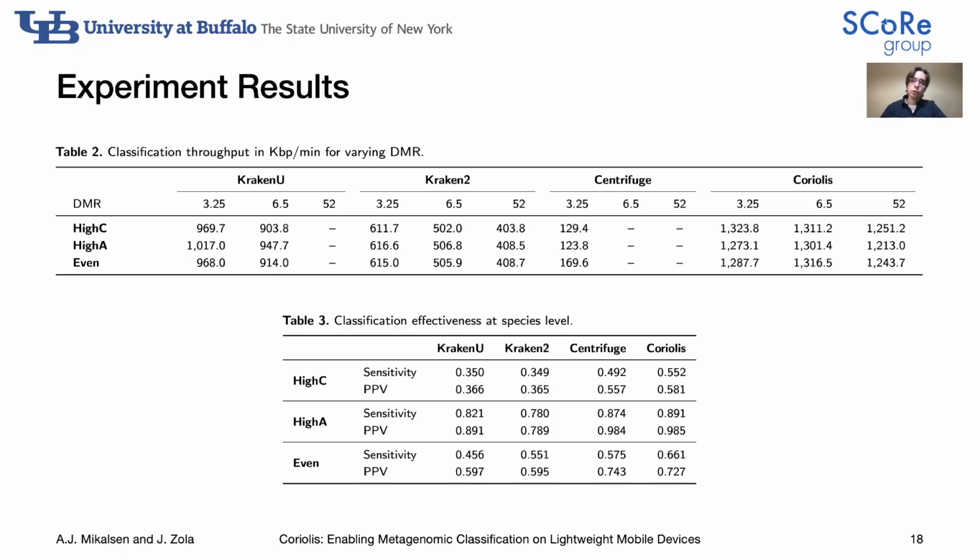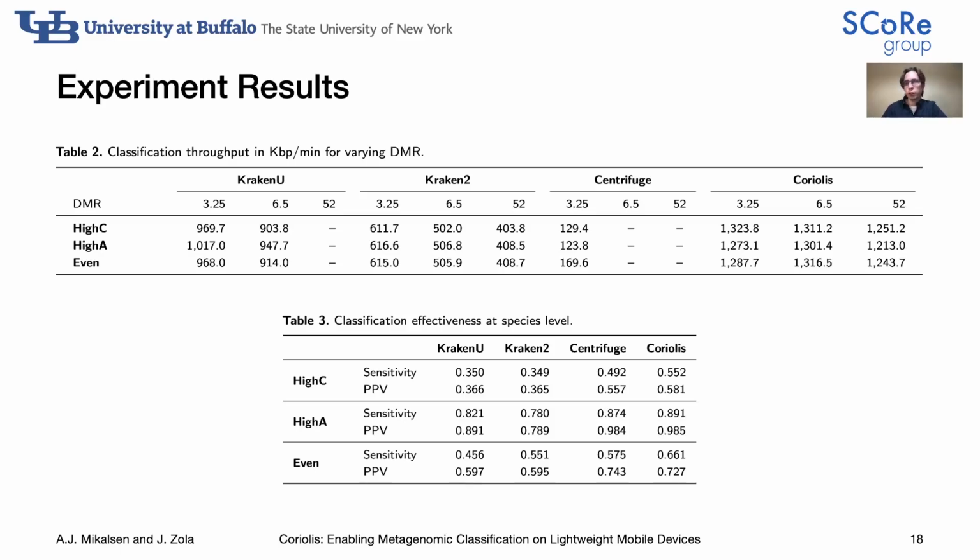Kraken 2 runs for all DMR values, but its performance still decreases as we increase the DMR, and it's noticeably slower than Kraken Unique. Centrifuge, even though it uses compressed data structures to try to fit the entire index into main memory, is slower than all the other tools, even for low DMR values, and it doesn't run at all for higher DMR values.